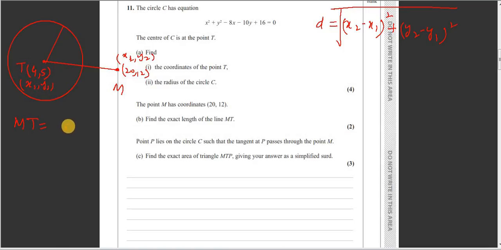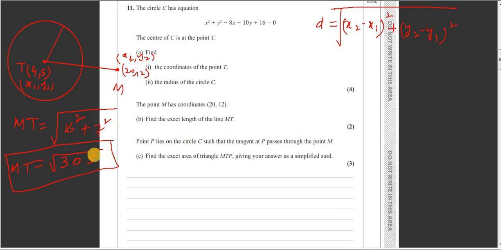So 20 minus 4 is 16 whole square plus, and then y2 minus y1, 12 minus 5. 12 minus 5 is 7 square, root. This is the distance formula. And then if you solve this, you have answer root 305. This is the distance between M and T, or the length of the line segment joining the point M and T.